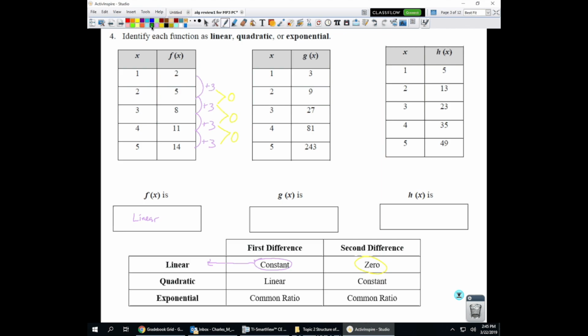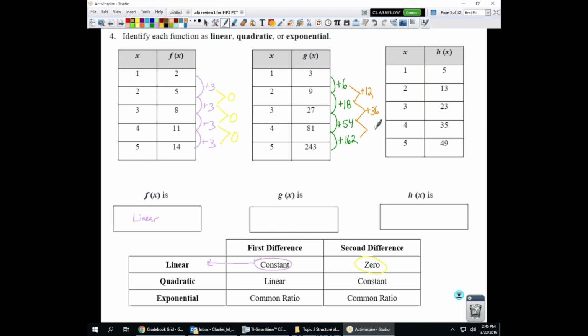I look at table G, from 3 to 9 goes up 6, then it goes up 18, then it goes up 54, and lastly, that's 162. Okay, now those are kind of large numbers. They may not mean much to you. So if I look at second differences, from 6 to 18 is an increase of 12. 18 to 54 is an increase of 36.